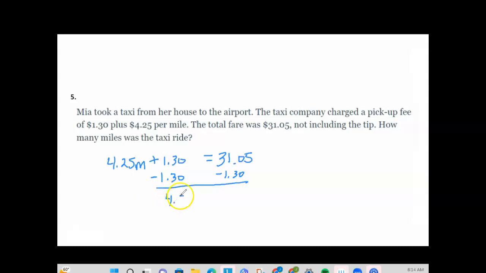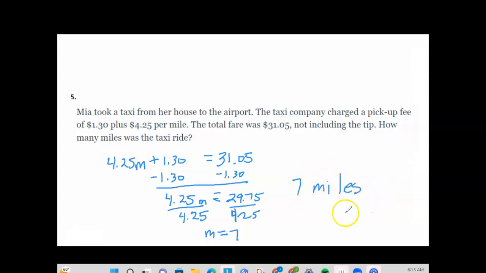So we get 4.25 M equals $29.75. Divide by 4.25. And we get M equals 7 miles.